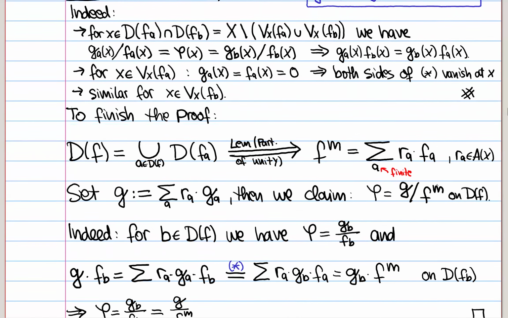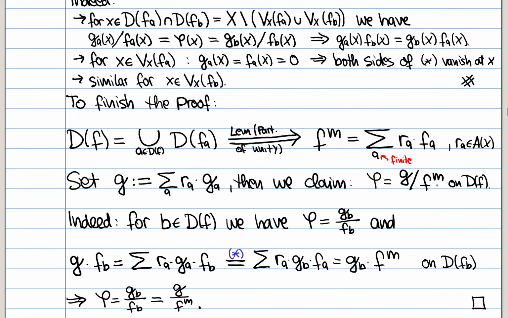And this will be done using this kind of technical lemma that we saw in the last video. So we have that D(f) is now covered by all of these D(f_a) on which we have the representations.